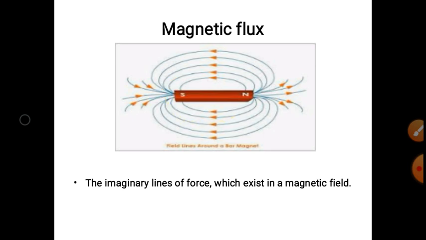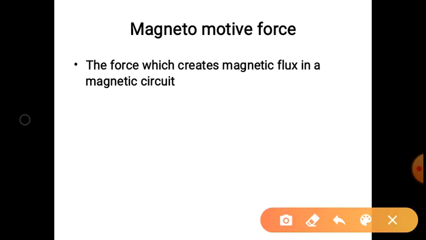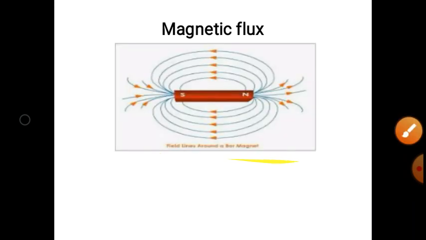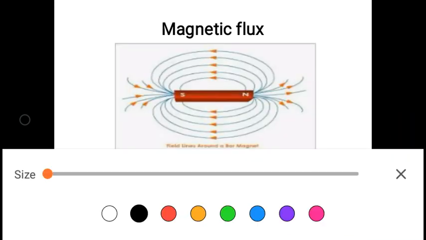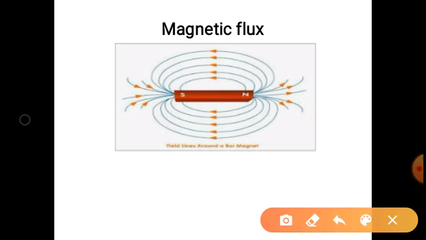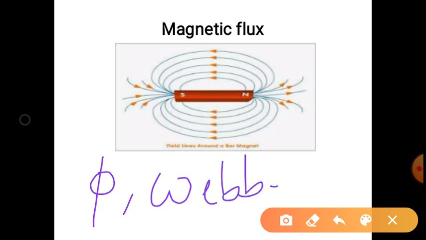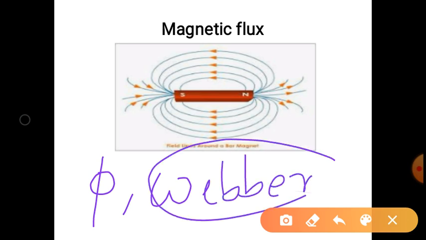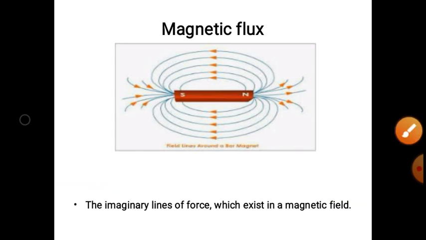It will not be in reverse direction. So how do we represent this magnetic flux? It is represented as phi and it is measured in terms of Webers. It is the unit of the magnetic flux.